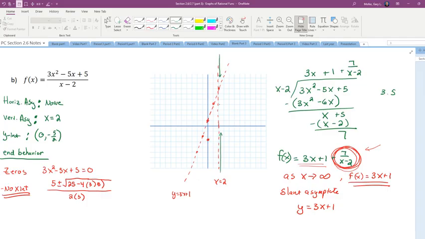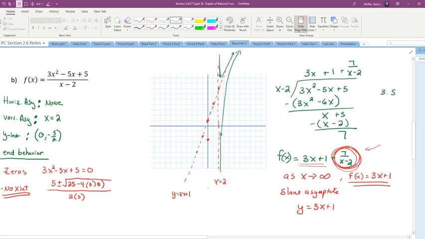Just like a horizontal asymptote, what that's saying is eventually this graph that I'm drawing is going to have to come up and approximate that line. So it's going to approach that line. So it would have to look like this, or it would have to come down, and then at some point it's going to have to curve back up and follow that line.